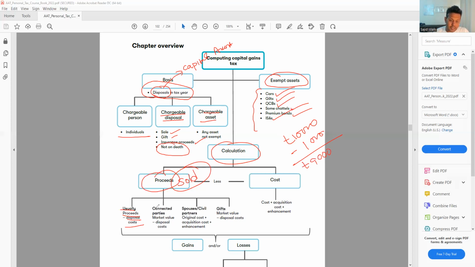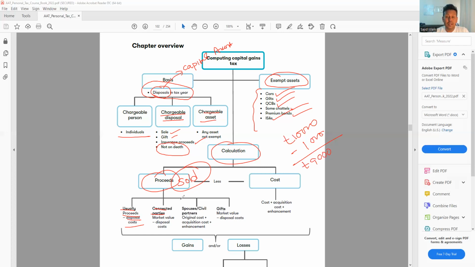Then connected parties. This happens when you sell something to your close relatives, for example, you sell to your uncle or you sell to your brother. So it is like your direct relatives. If you sell an asset to your direct relatives, sometimes it is possible you are charging them less.